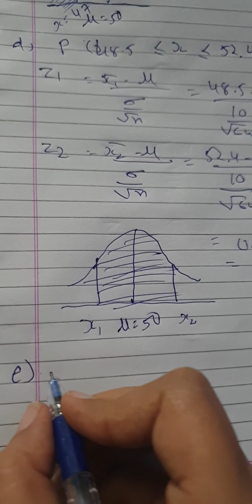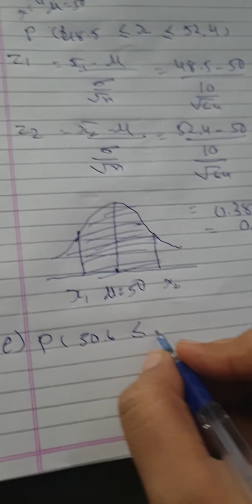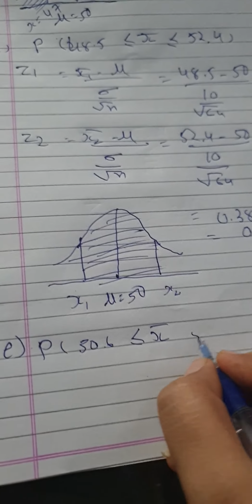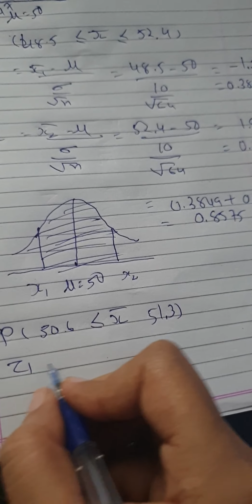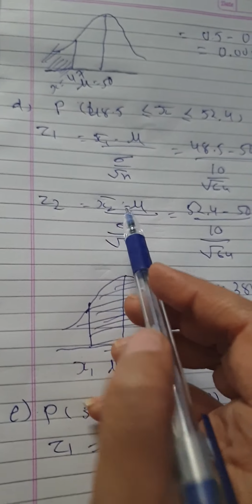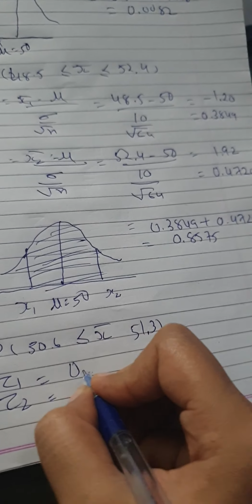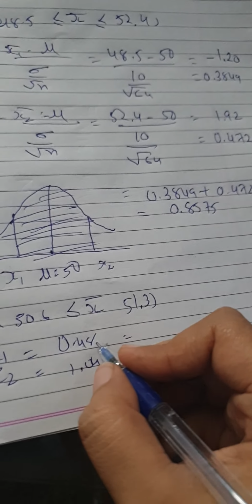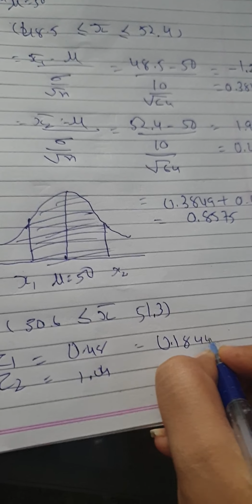Then next E, P of 50.6 less than or equal to x bar less than or equal to 51.3. Again you apply the same formula for Z1 and Z2, so you will get the answers 0.48 and 1.04. If you check the value for 0.48 it will be 0.1844.